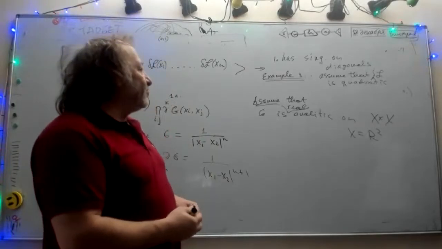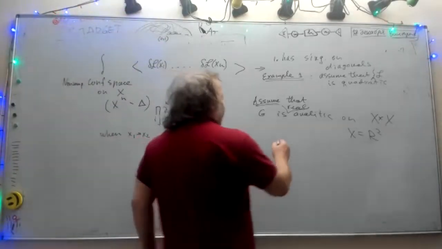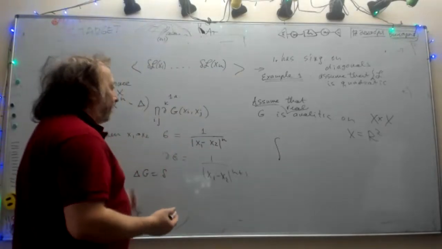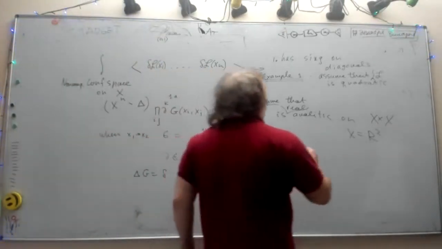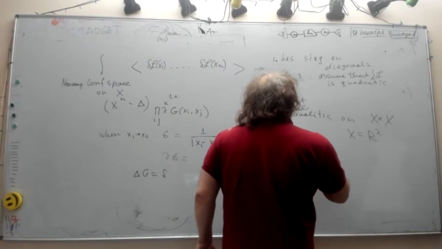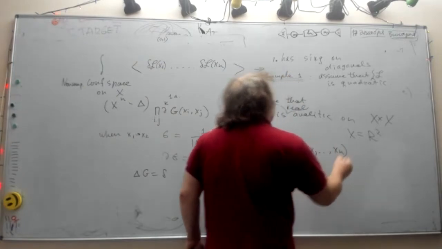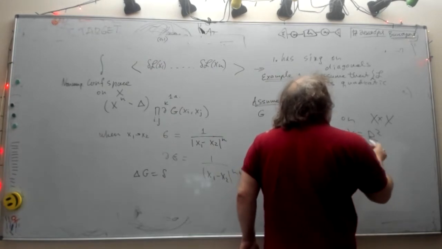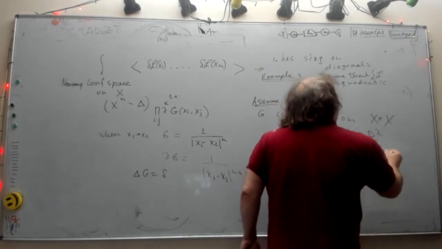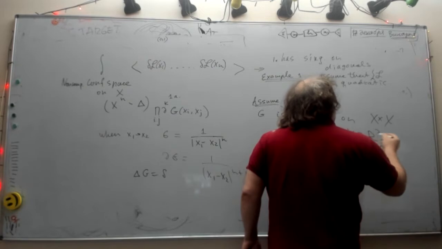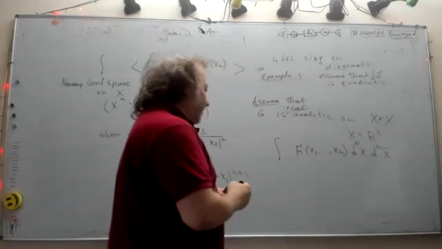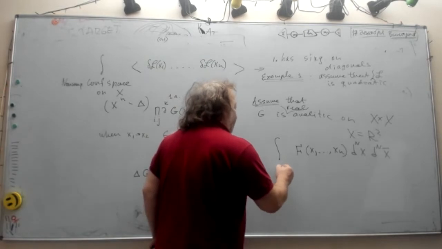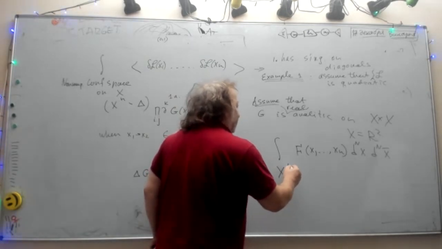Okay, so if it is real analytic, then I would like to reconsider the integral. So I have this integral, and here I have something like d^n x bar, and I integrate this over X to the power n.